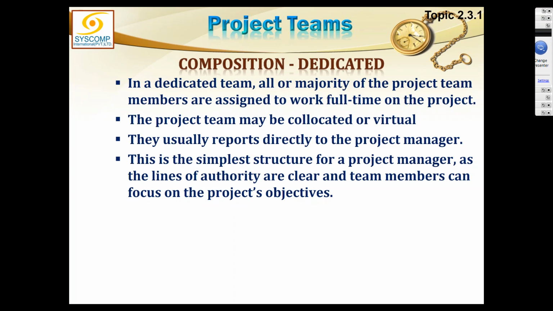In a dedicated team, all or the majority of the project team members are assigned to work full-time on the project. The project team may be co-located or it could be virtual. Maybe, in a multicultural, international environment, you have a team sitting in London, a team sitting here. They usually report directly to the project manager. This is the simplest structure for a project manager, as the lines of authority are clear and team members can focus on the project objectives.